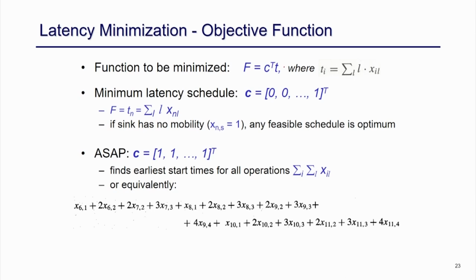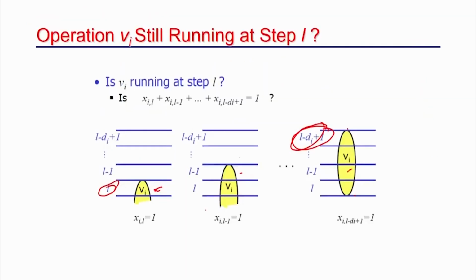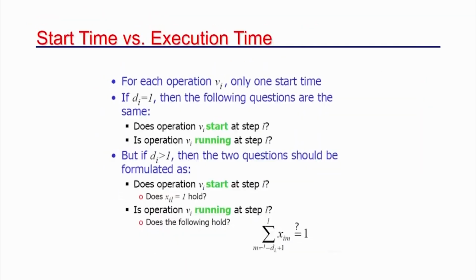So, if you have the latency minimization, this is minimize latency under resource constraint, then my objective is to minimize this factor which is C by T, and T is nothing but the start time of the operations, of all the operations.